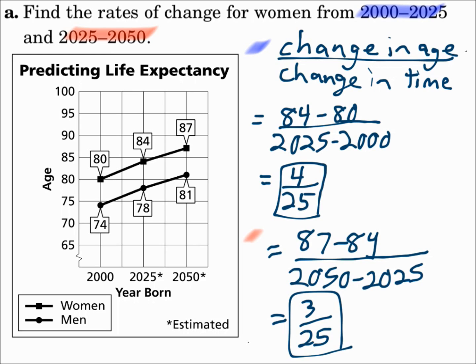For the first one again, we did 84 minus 80 and 2025 minus 2000. For the second range, you're doing 87 minus 84 and 2050 minus 2025. So organize it and do the newer one minus the old one.